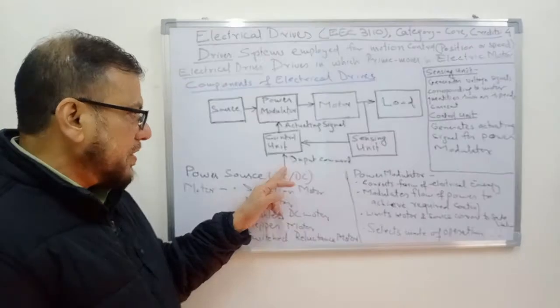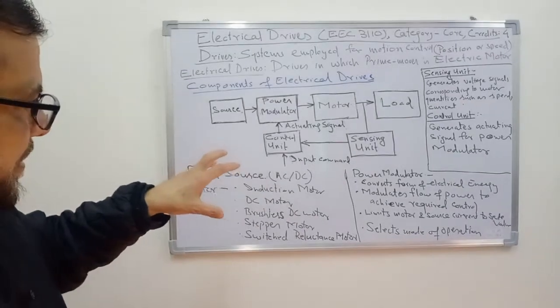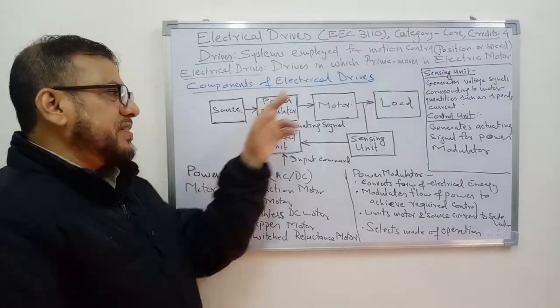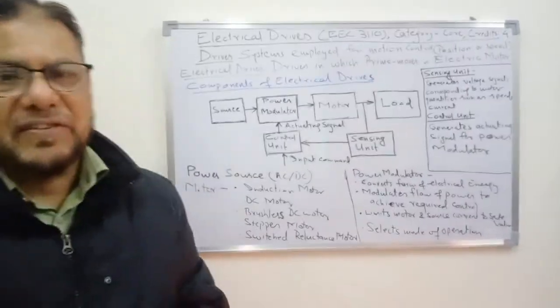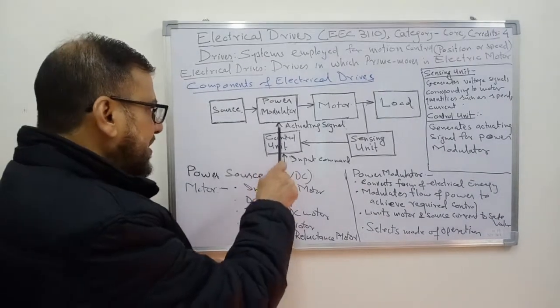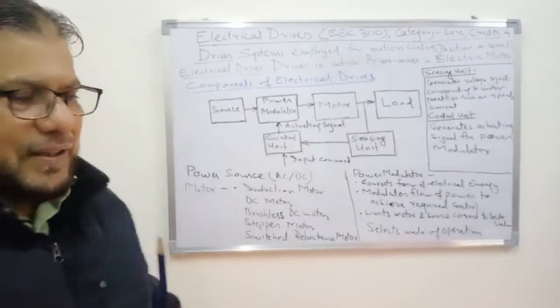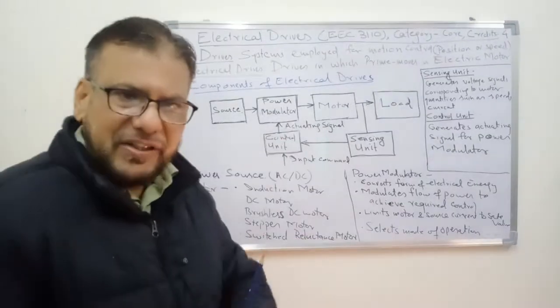So it is 10 volt, it is 9 volt. So the control unit will know that the actual speed of the motor is less than the desired speed. So it will generate an actuating signal for the power modulator, so that the motor's speed increases.